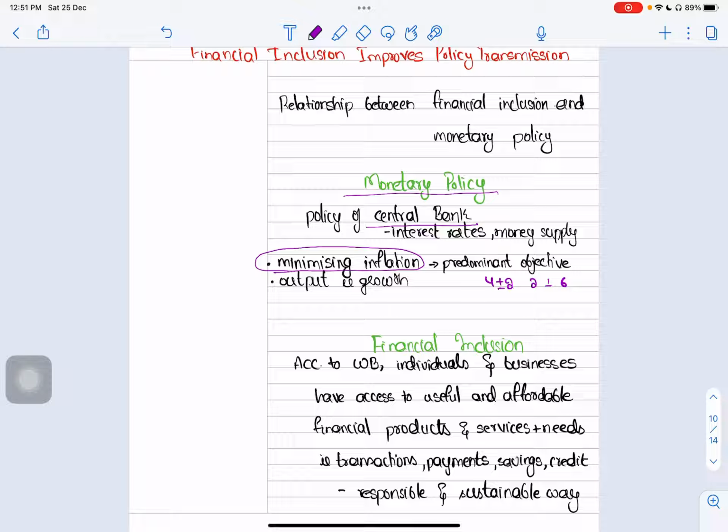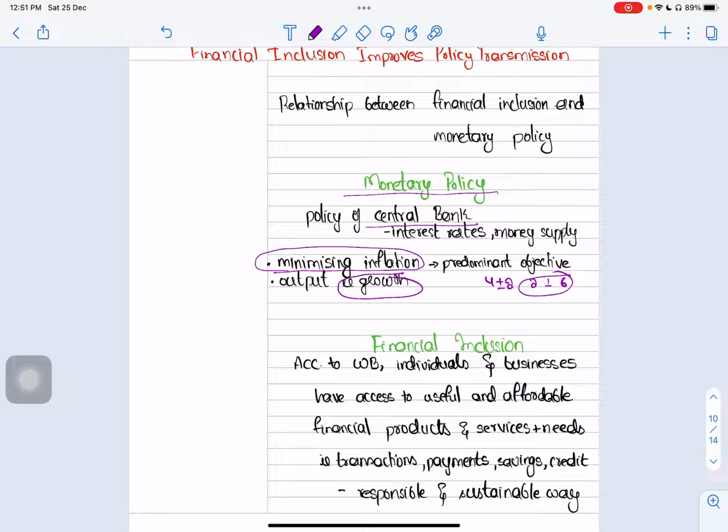So one of the objectives of the Reserve Bank of India is to keep the inflation in control within the range of 2 to 6, keeping in view the output, that is, economic growth, that is, how much the industry is manufacturing of goods and services. So keeping in view the output, the predominant and primary objective of the Reserve Bank of India is to keep the inflation in control, that is, within the range of 2 to 6.